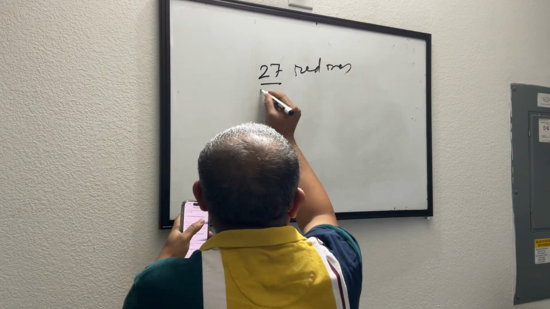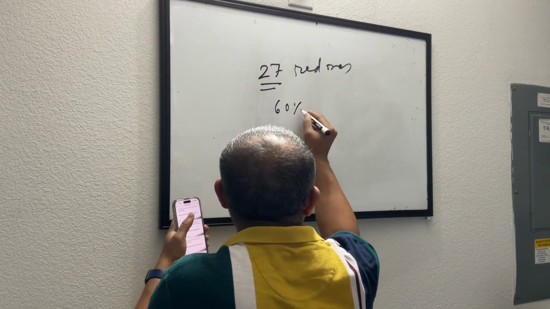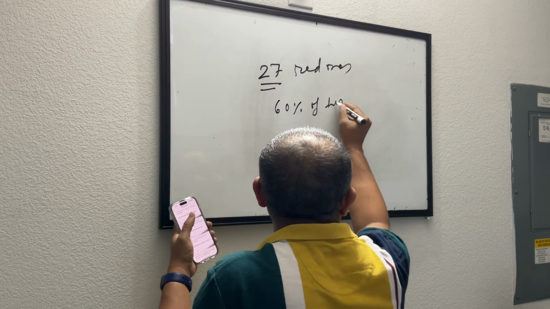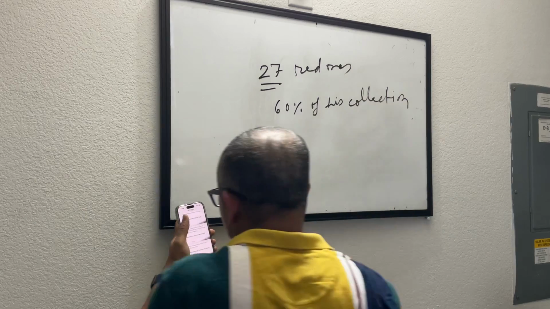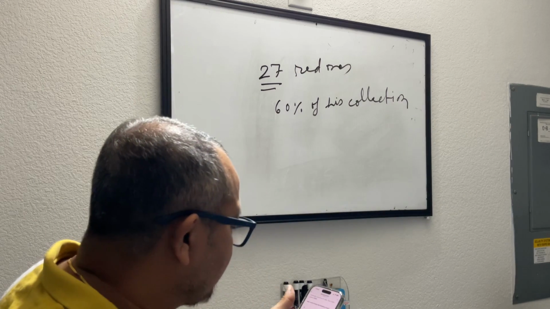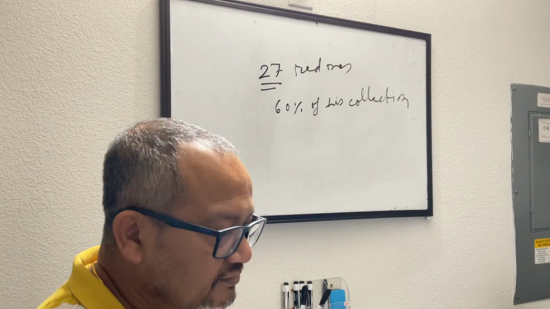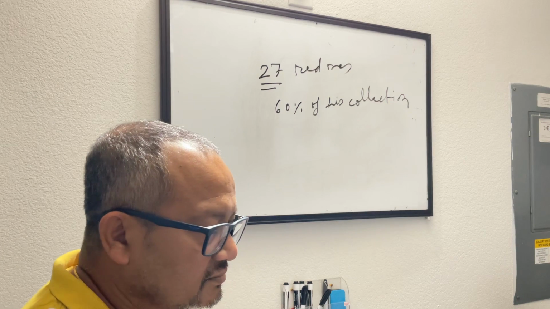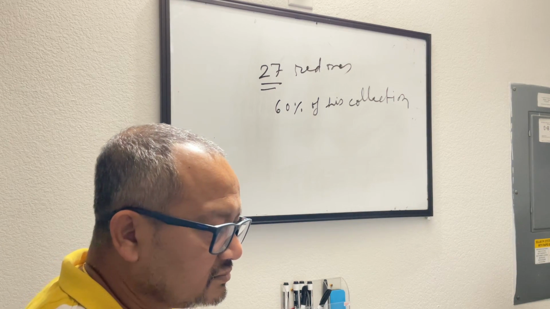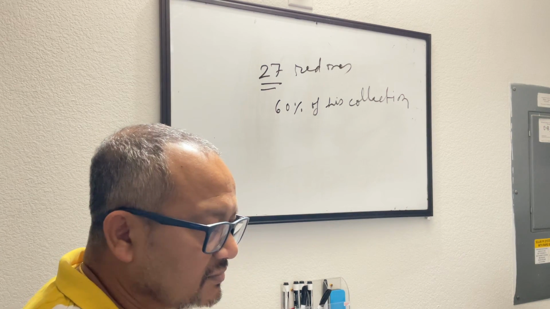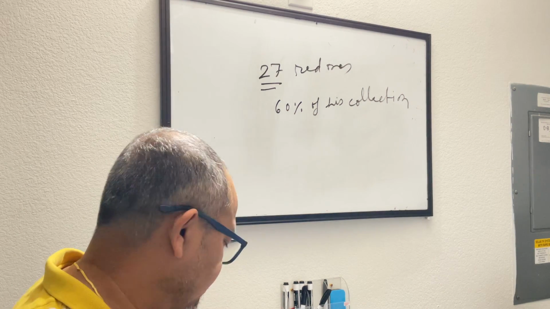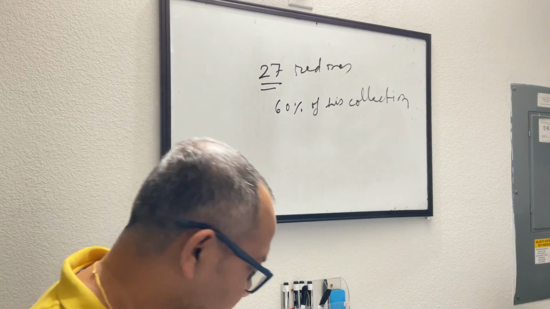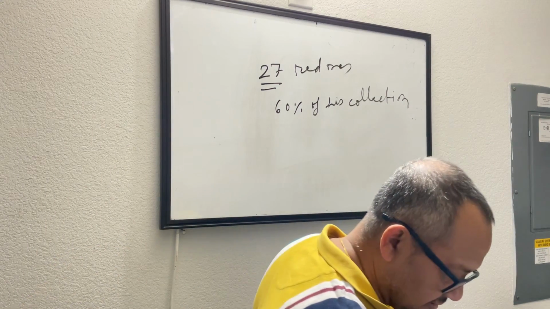So this 27 makes 60% of his collection. The question is, how many toy cars does Samuel have? Is everybody clear about the question? Okay, do it. I'll get you guys tired of percentage problems, okay?